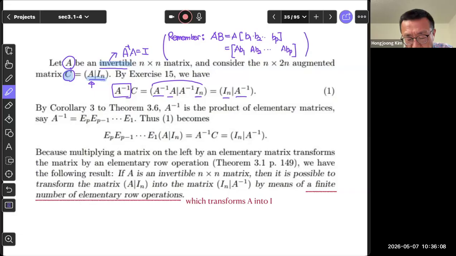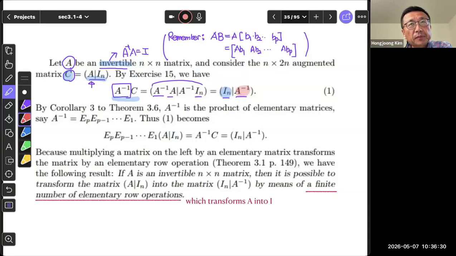If I pre-multiply C by A inverse, you get an n by 2n matrix. The first n columns will be the columns of the identity matrix, and the next n columns will be the inverse of the matrix A.